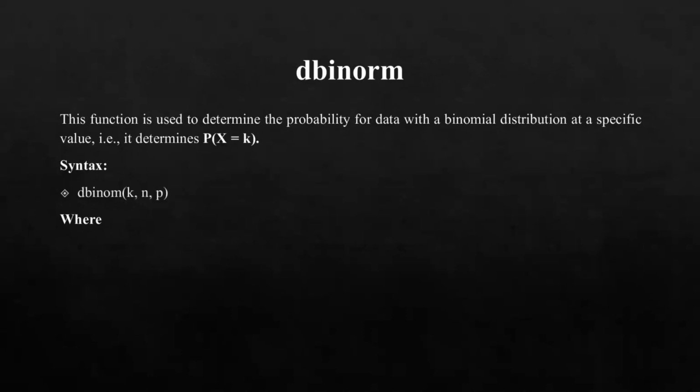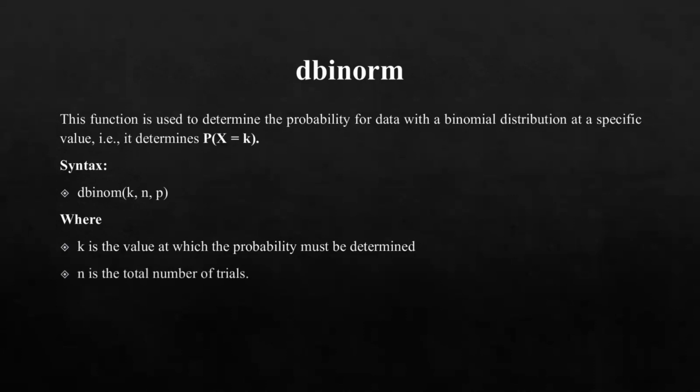You just use the dbinom keyword, then pass the parameters, where k is the value at which the probability must be determined, or you can say it's a vector of numbers. Then we have n, which represents the total number of trials. Next we have p, which represents the probability of success. Let's move to RStudio to see how this function works.